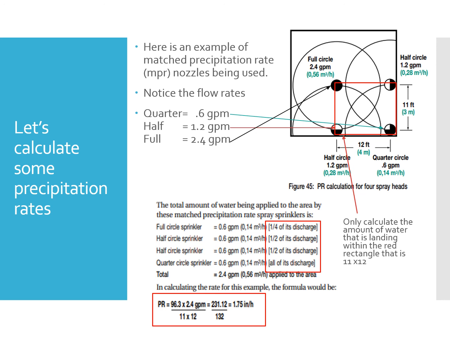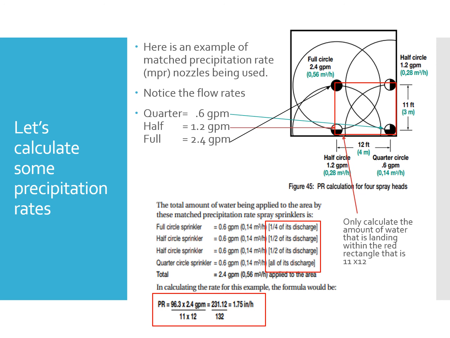It happens to be 90 degrees of it, so that's a quarter of it. So they took this flow rate of 2.4, divided it by 4, and that's where the 0.6 came from. Also, the half circle is only putting half of its water into this particular space. So this 1.2 would be divided into 2 pieces, and it's also 0.6.